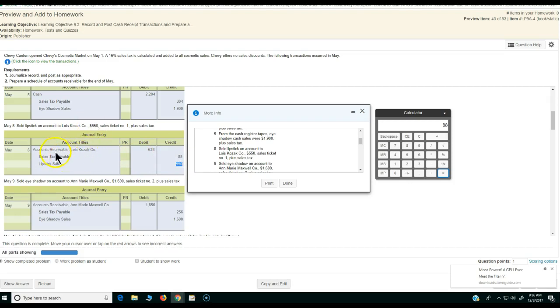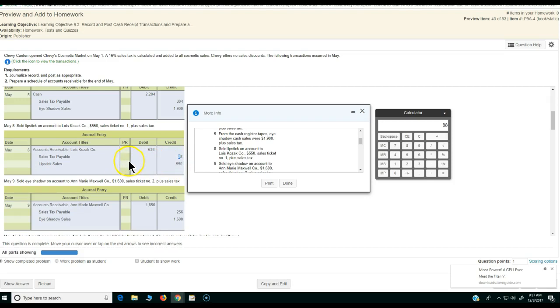These are all, that was a credit sale. The first one we did was a cash sale. The second one we did is a cash sale over here, and now this one and the next one are credit sales, which means, of course, that we're not getting the money now, but we still owe the $88 to the state, no matter when we collect the money.